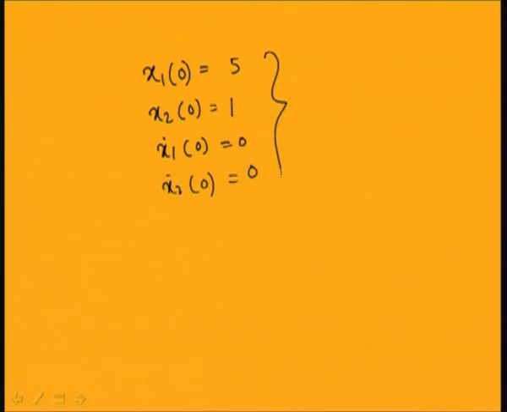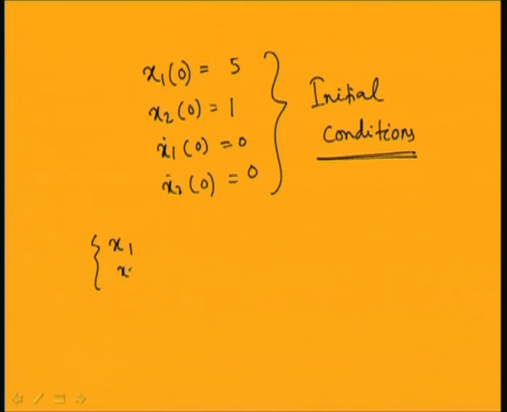These are the initial conditions for the system. Taking these initial conditions, I have to determine the response of the system. Already I know the response of the system, x1 and x2, can be written in this form.